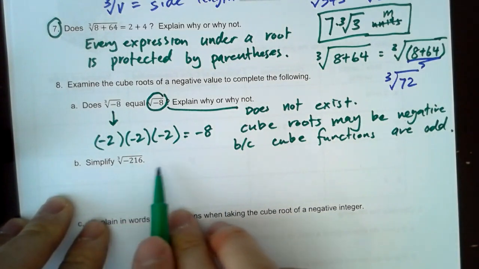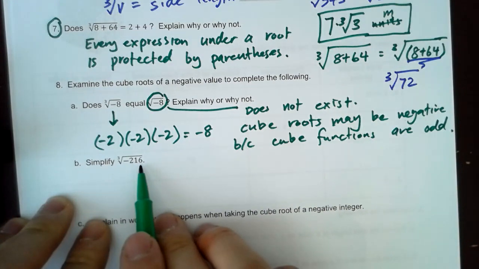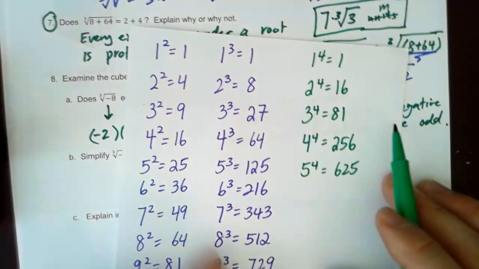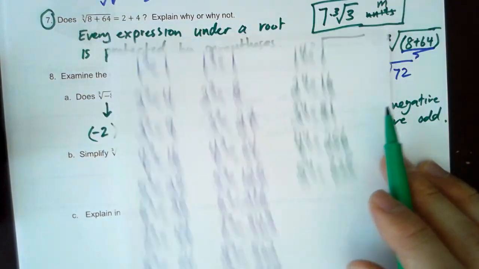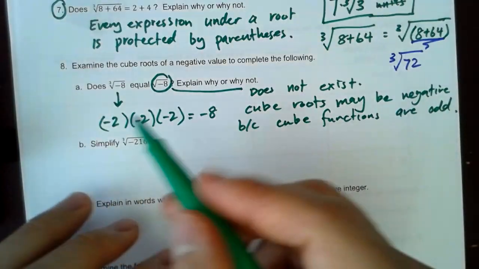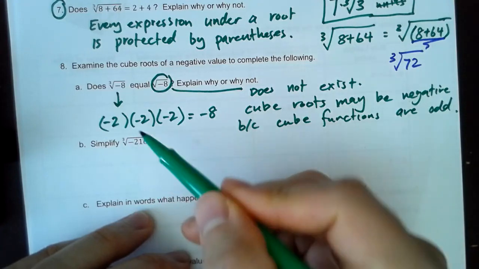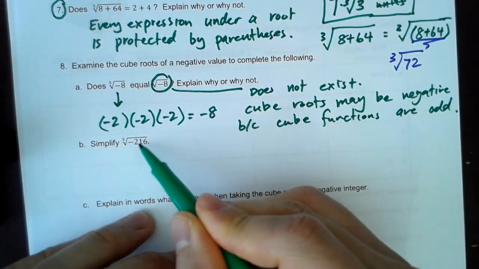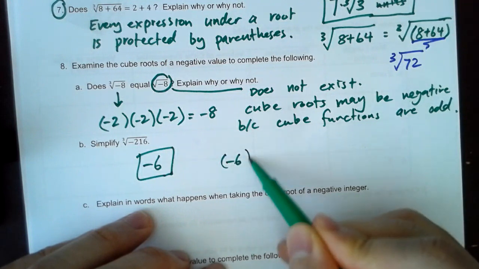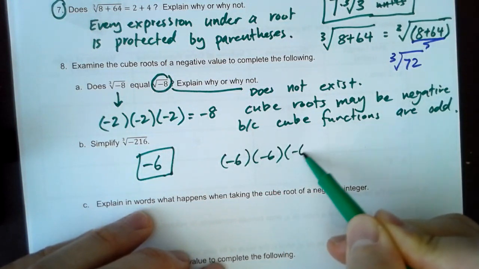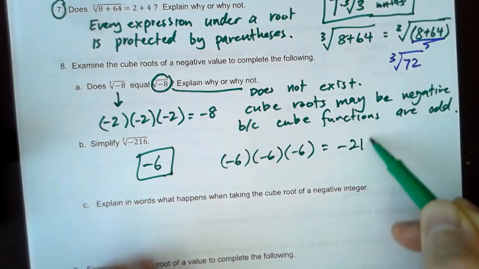Okay, so you have to realize the cube root of -216 is the same thing as the cube root of 216, except you just have to attach the negative. So we know that the cube root of -216 is indeed -6, right? -6 times -6 times -6 equals -216.